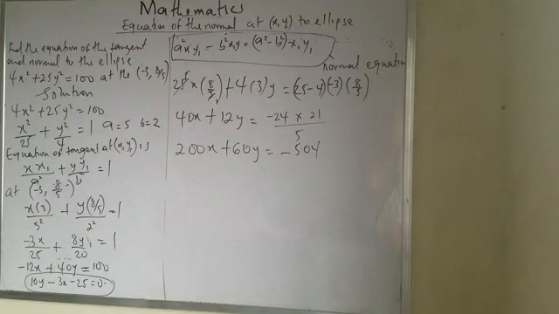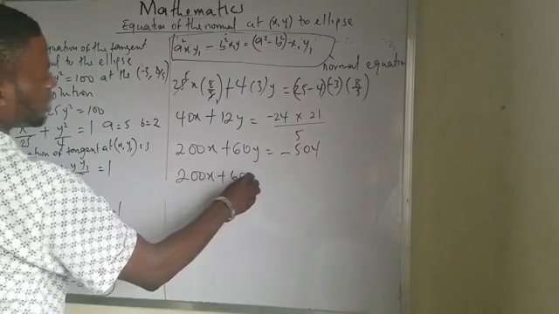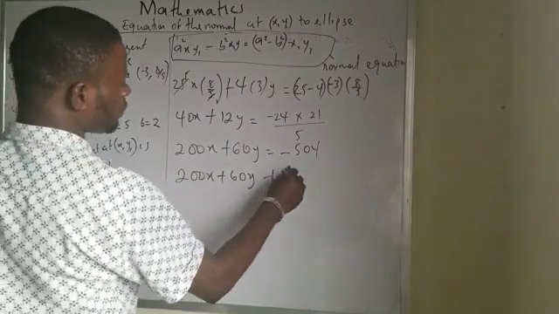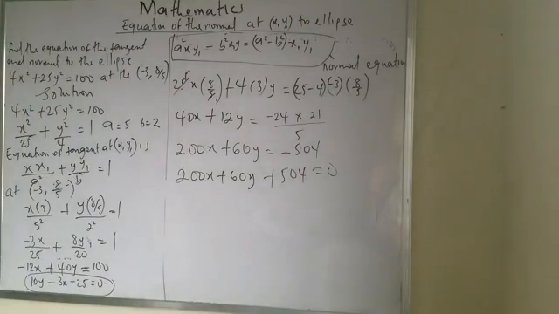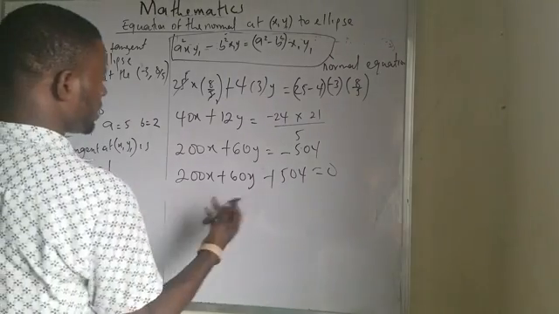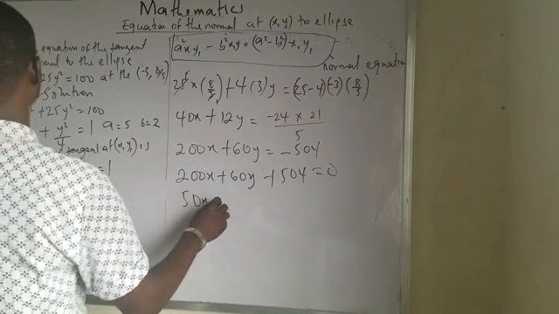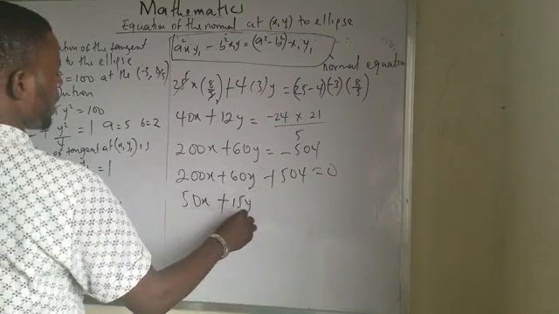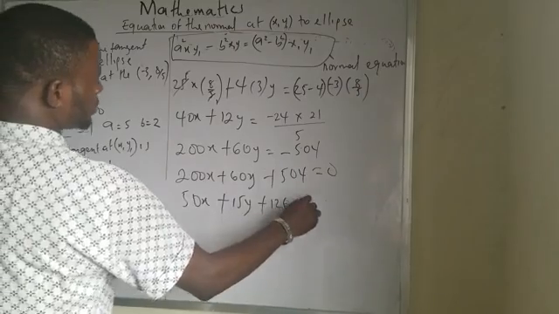Since I have it like that, I can now say that 200x plus 60y plus 504 equals 0. And can I reduce? Yes, I can reduce everything. Now I can have 50x minus 5y plus 120 equals 0.